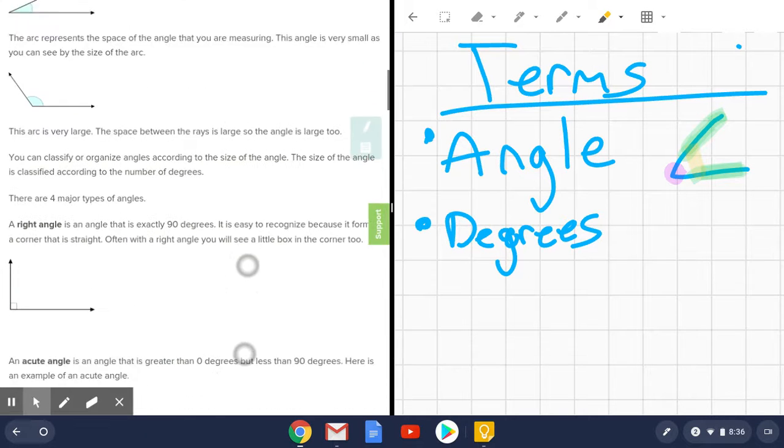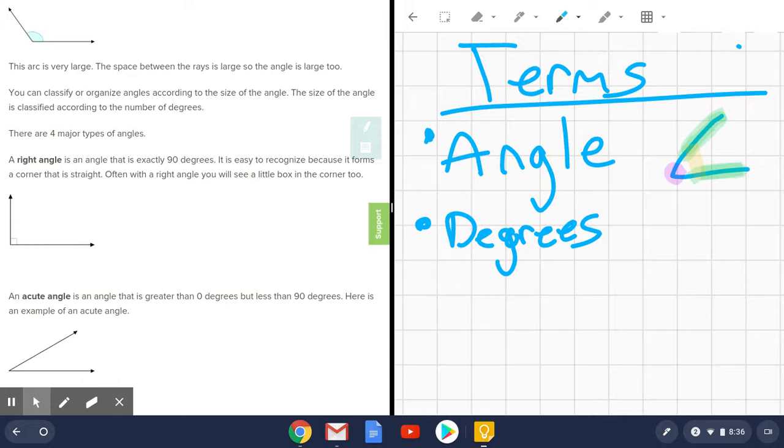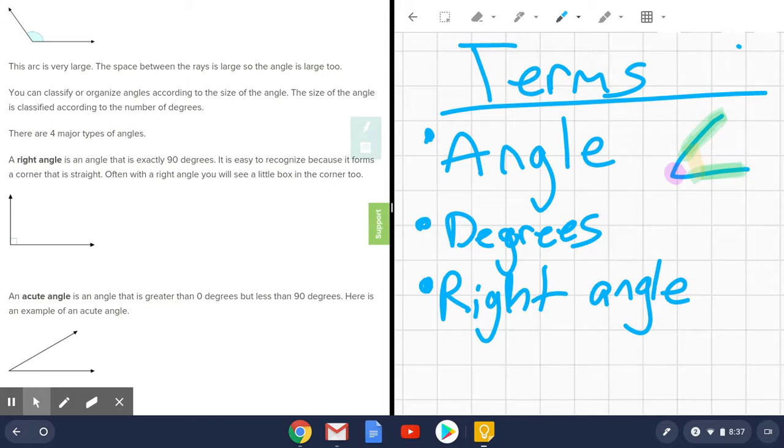So let's look at our first angle. We have a right angle. A right angle is an angle that is exactly 90 degrees. So that should be your definition. It's easy to recognize because it forms a corner that is straight.